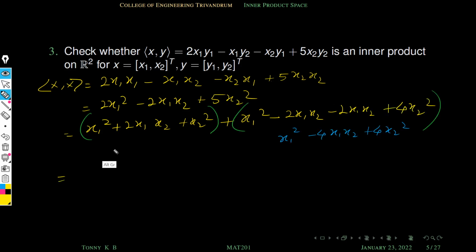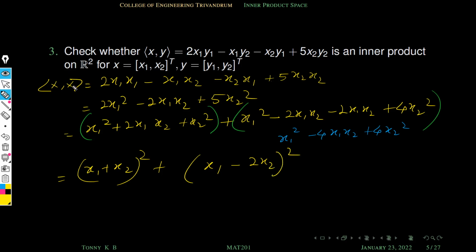Next we group like this. Then what about this one? This is nothing but our (x1 plus x2) whole square. Then we can combine these two terms, so that is minus 4x1x2. Then this is (x1 minus 2x2) whole square, right?